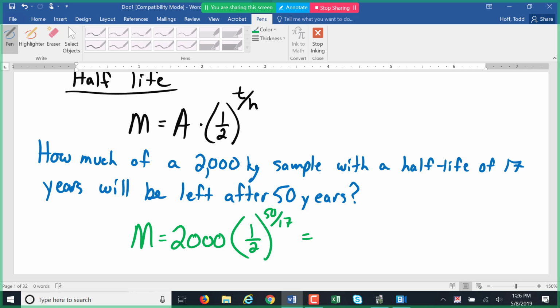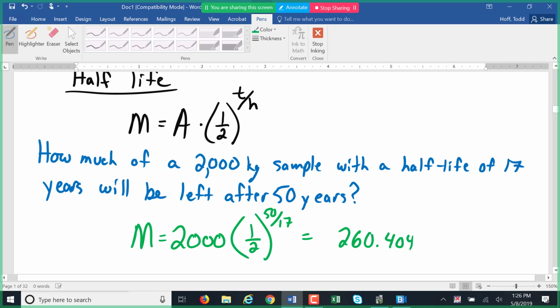I can tell you this is going to be just over 250, because this is just less than 3 half-lives, and 3 half-lives is 1/8. Let's take a look and see. What's that? 260.404 sounds correct to me.